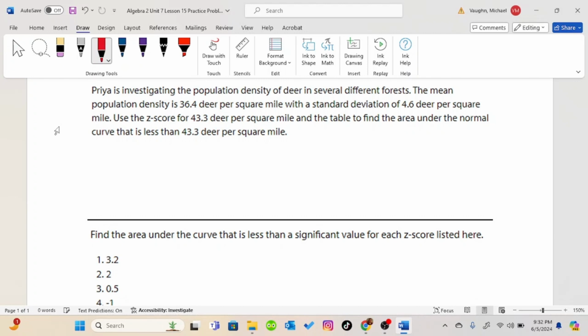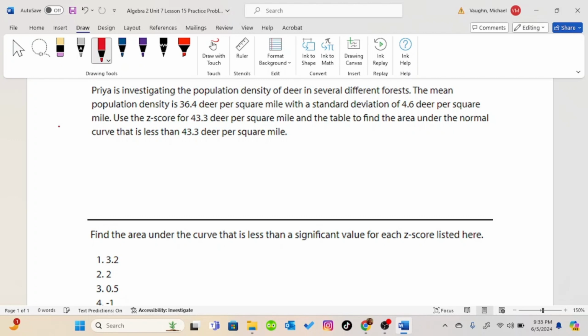Use the z-score for 43.3 deer per square mile and the table to find the area under the normal curve that is less than 43.3 deer per square mile.